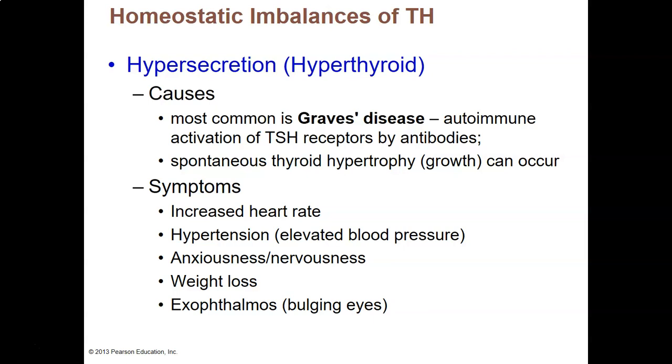Antibodies act in such a way to mimic the effect of TSH, activate those receptors, and trigger the production of thyroid hormone. But it's fairly common for people's thyroid gland just to start growing and producing too much thyroid hormone, and they have hyperthyroid. In fact, thyroid cancers, which is just another stage in overgrowth of the thyroid gland, are also fairly common.